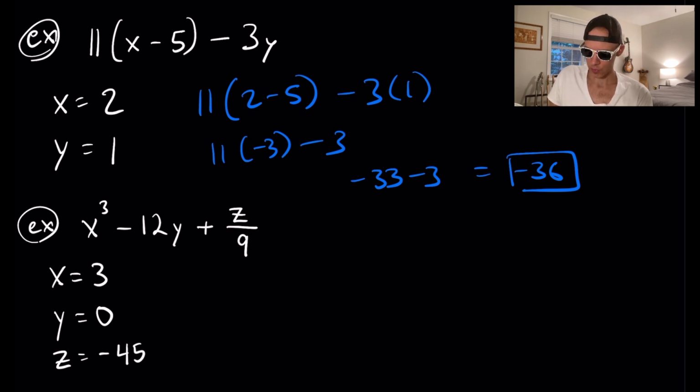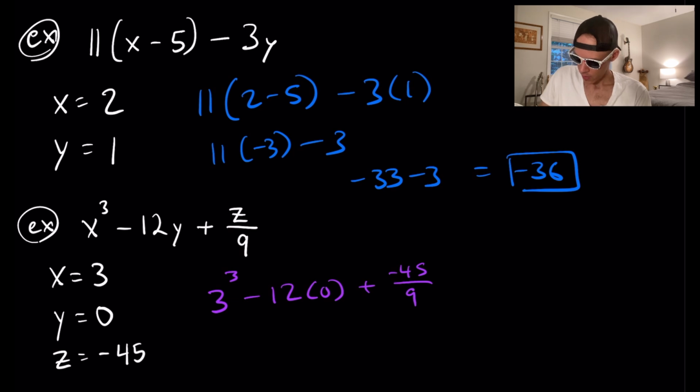X cubed minus 12y plus z over 9. X is 3, y is 0, z is negative 45. Plug everything in, so we'll have 3 cubed minus 12 times 0 plus negative 45 over 9. Instantly, I know that that goes away to 0 because anything times 0 is 0, so I can just ignore that.